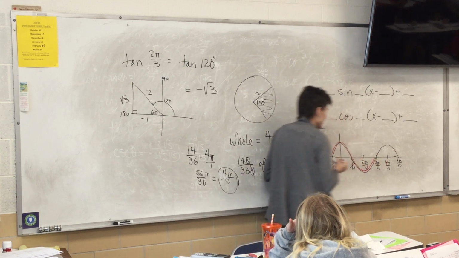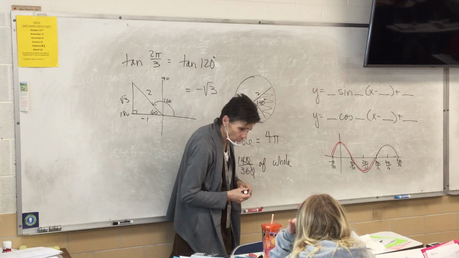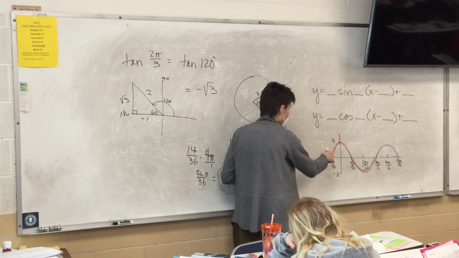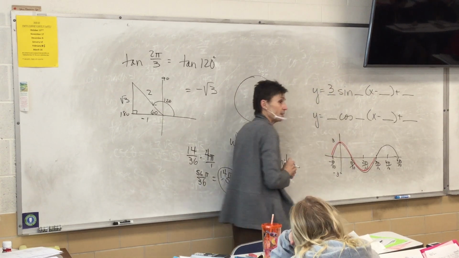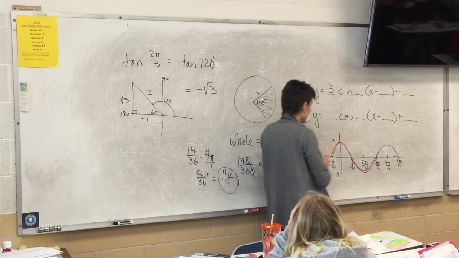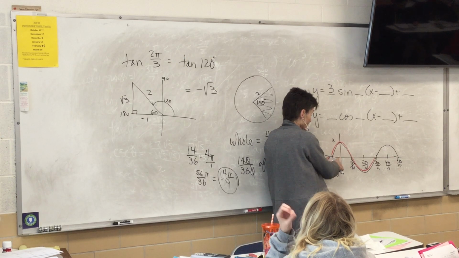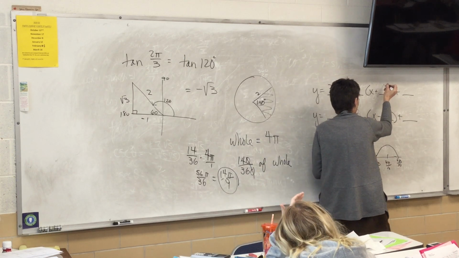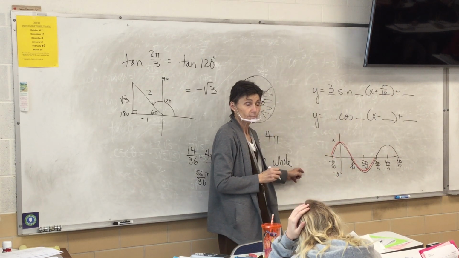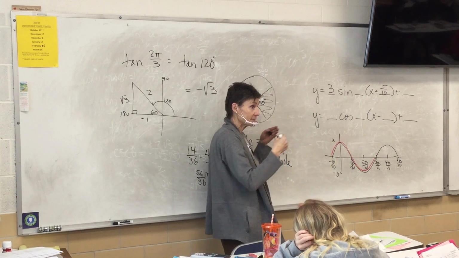Would you agree that's a sine curve? What's its height? 3? So I know that for that sine curve, this would be a 3 out here. And because it's not starting where it's supposed to, this is going to be x plus pi over 10. Everybody okay with that? It's been backed up.